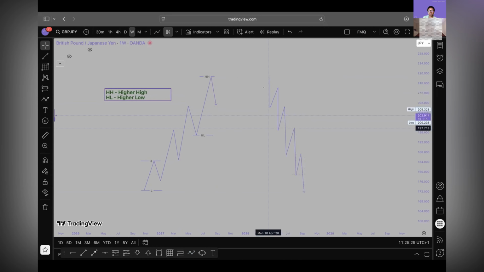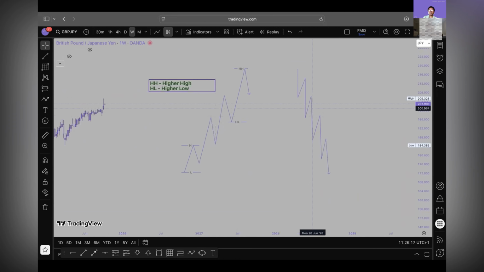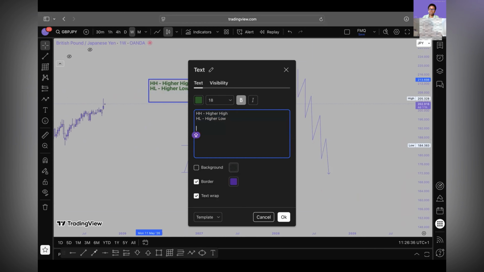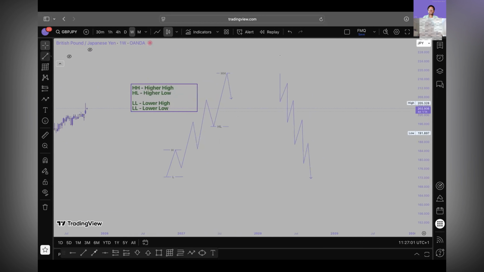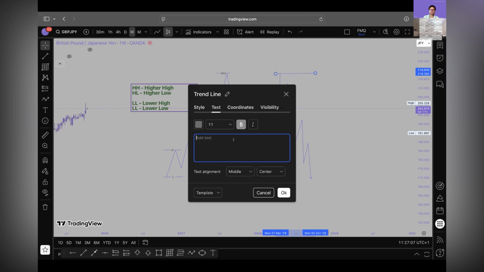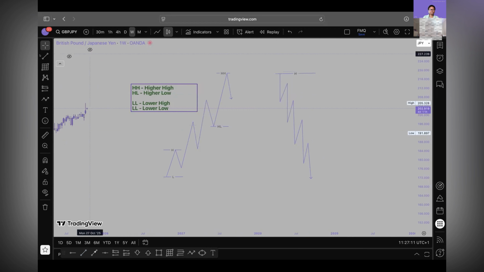What is this now? This is a downtrend, because the market is coming down and is now creating a series of what? Lower high, lower low. So when you're in a downtrend, it's creating a series of lower highs, lower lows. Which means this is our high. Then this is the low.